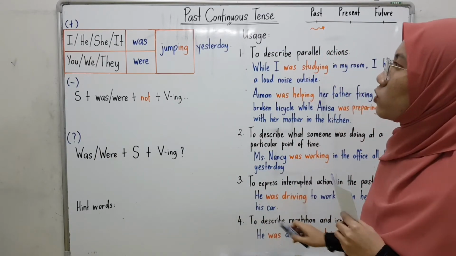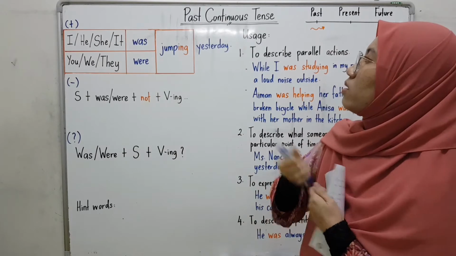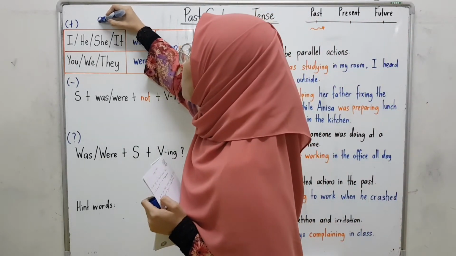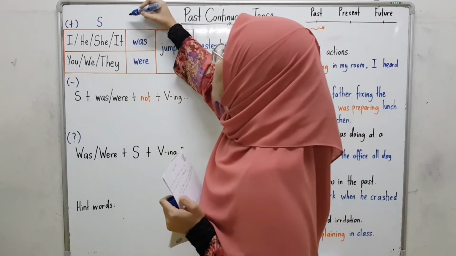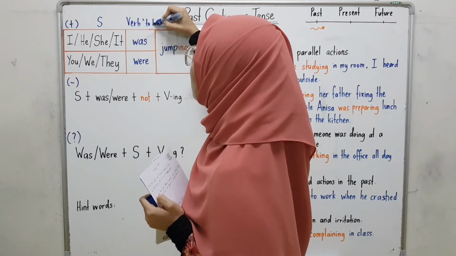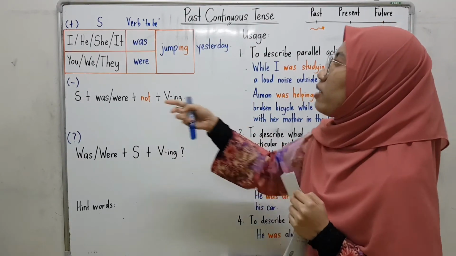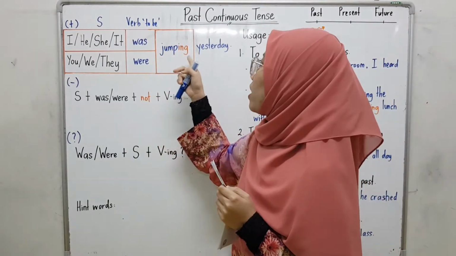As usual, we have subject, verb to be, and subject consists of pronouns and verb to be. After verb to be, there is another verb plus ing form.